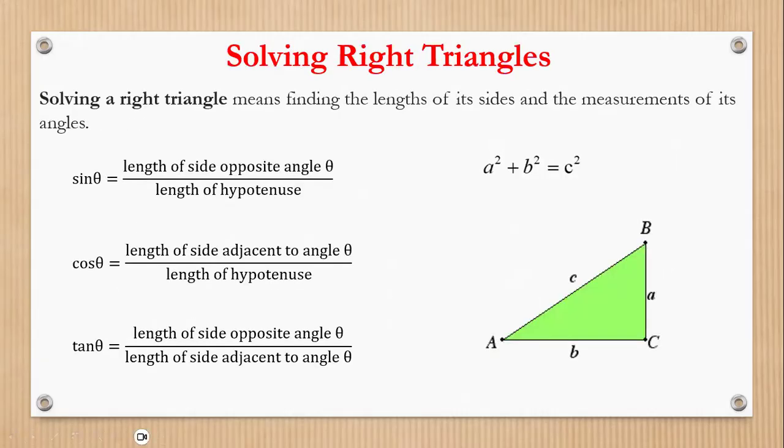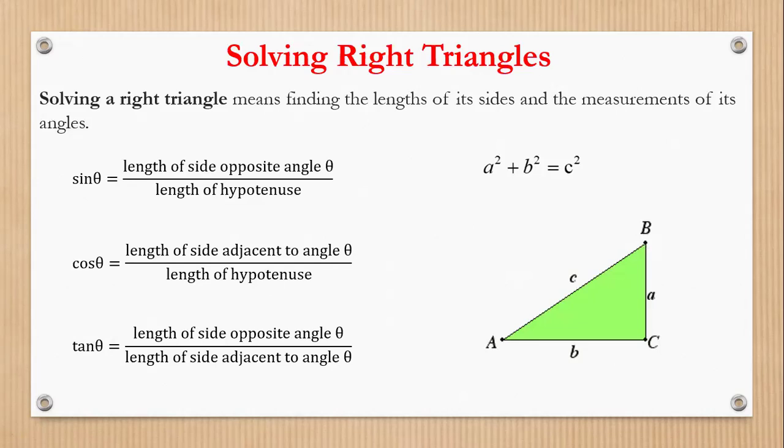So in previous chapters, as I said, we learned how to solve a right triangle. When they ask us to solve a triangle, it means find the lengths of all the sides and the measures of all the angles. The relationship between the sides in any right triangle was the Pythagorean theorem.